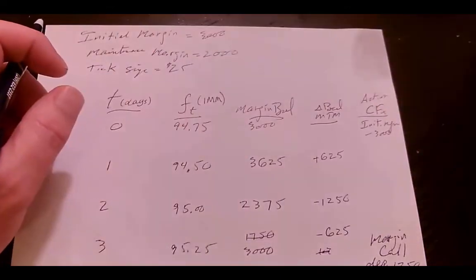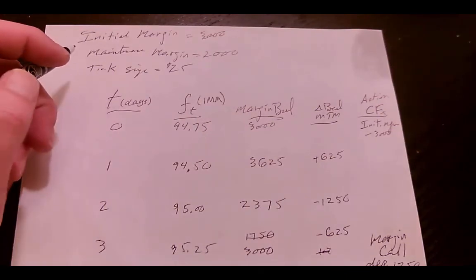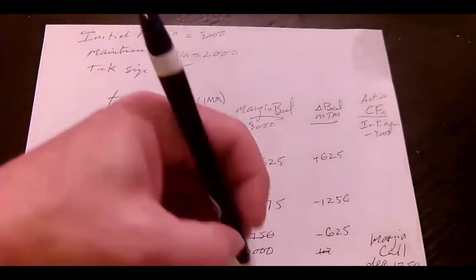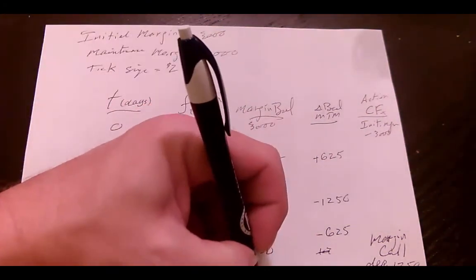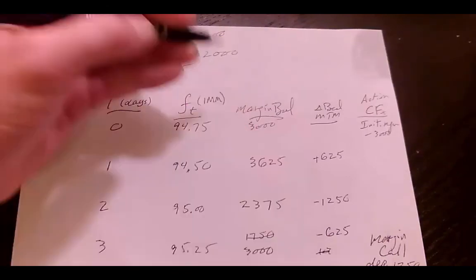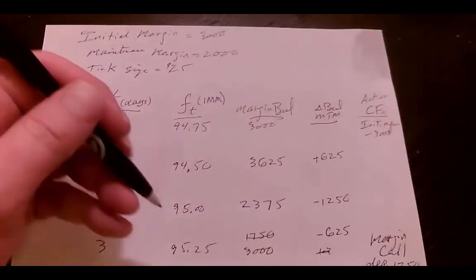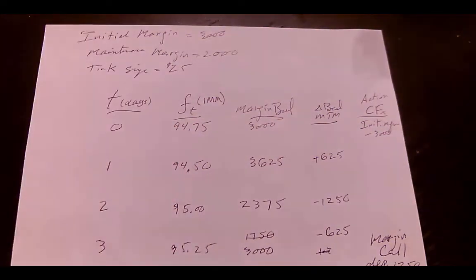So you gain 1250, and that brings our account balance up to what? 3,000 plus 1250 is 4250. Now these are the marking-to-market cash flows right here, but also there's a margin call at the end of day 3 requiring us to deposit another 1250 into our account. That essentially answers the question.